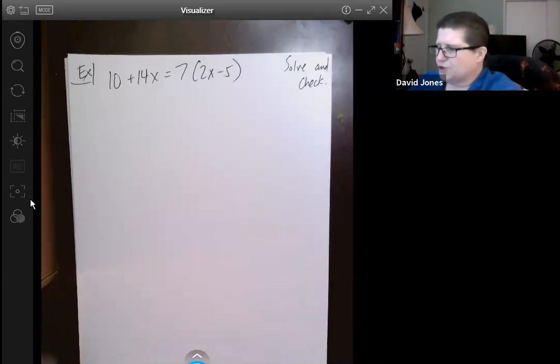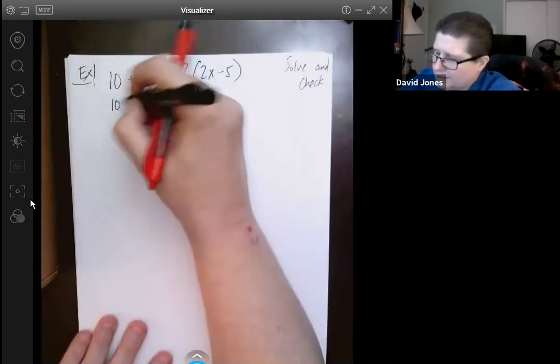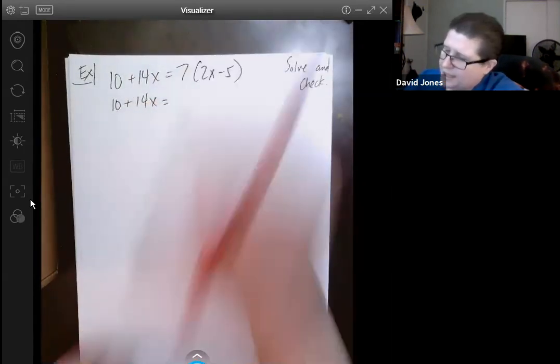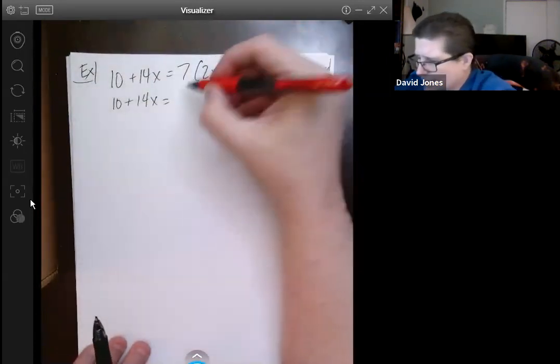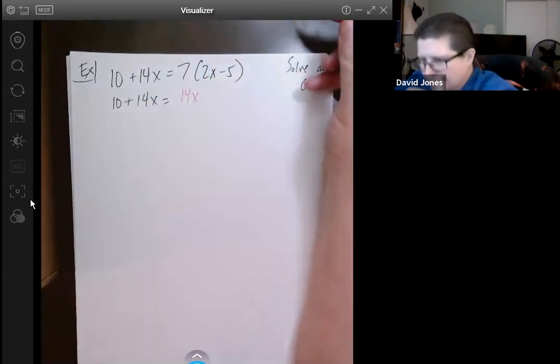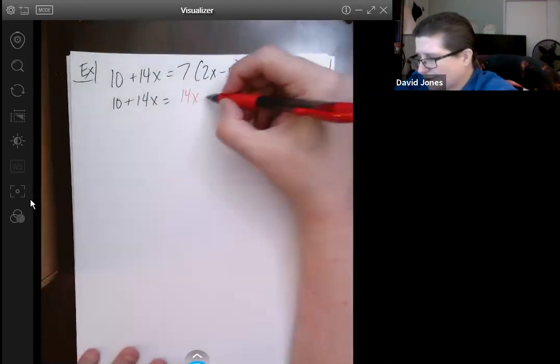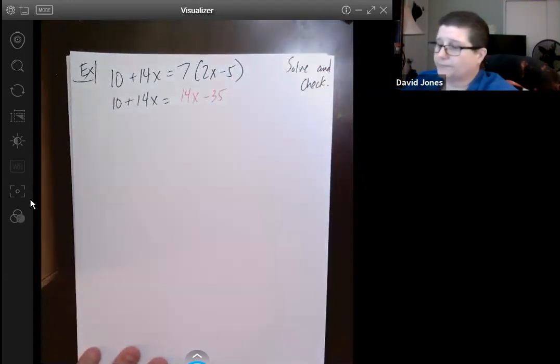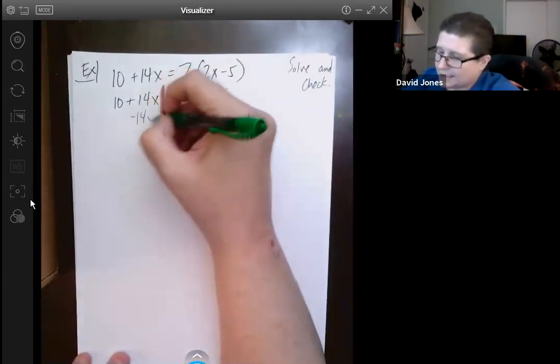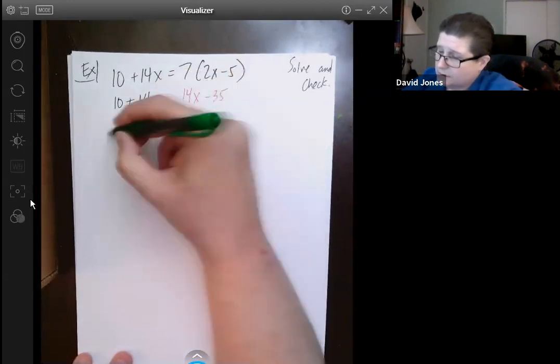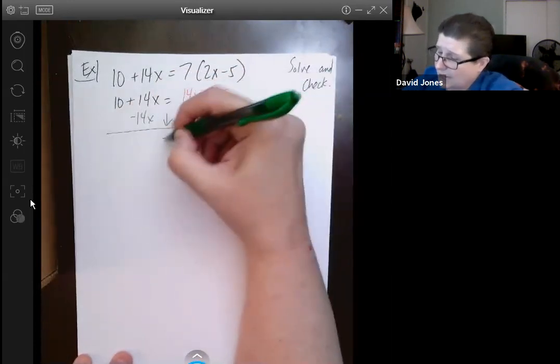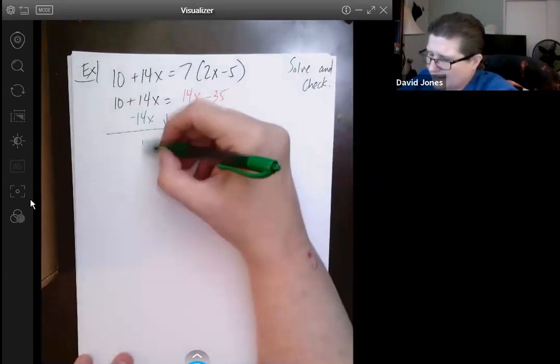The first thing you should do is get rid of those parentheses signs. So I'm going to distribute the 7. 7 times 2x is 14x. 7 times negative 5 is negative 35. Now, if I try to get all my x's on one side, it doesn't matter which one I move, I'm going to have to subtract 14x. And what I end up with is on the left, I have 10.